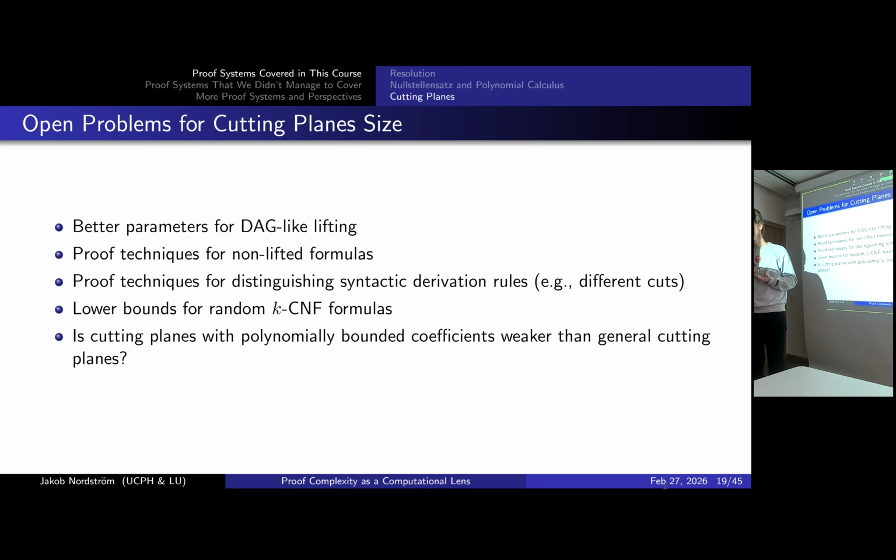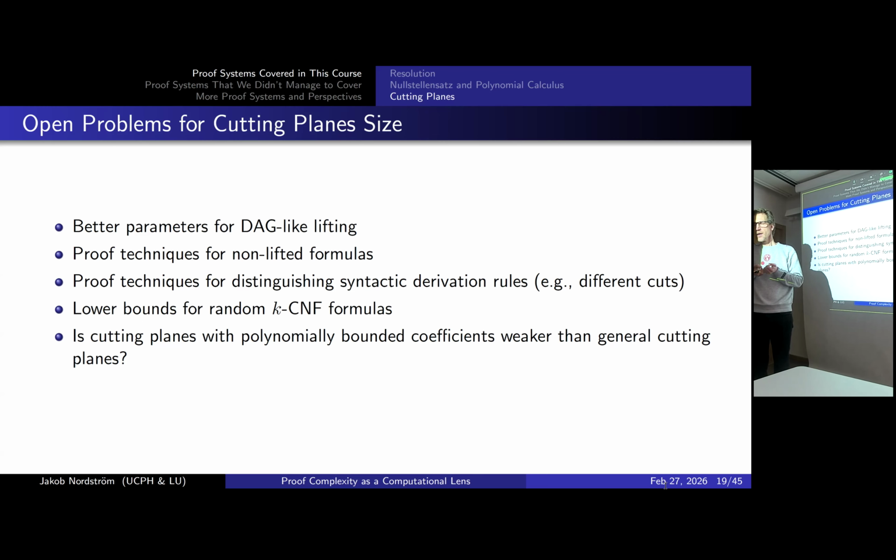So the lower bounds we get hold in a very strong semantic setting, where, for instance, you can solve subset sum in a single step, because if you have an infeasible subset sum instance, then you have the less-or-equal and greater-or-equal constraints, they're infeasible, and then you get a contradiction in one step. And the lower bound techniques that we have work even in that setting, which kind of tells us maybe why we're struggling so much to prove lower bounds.